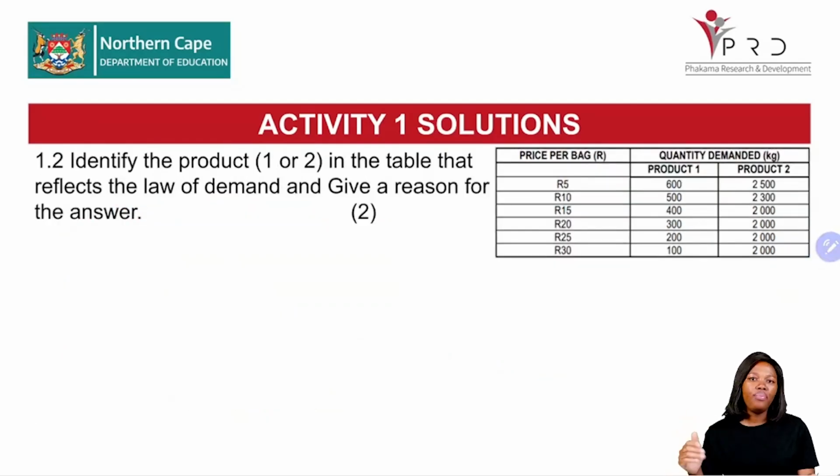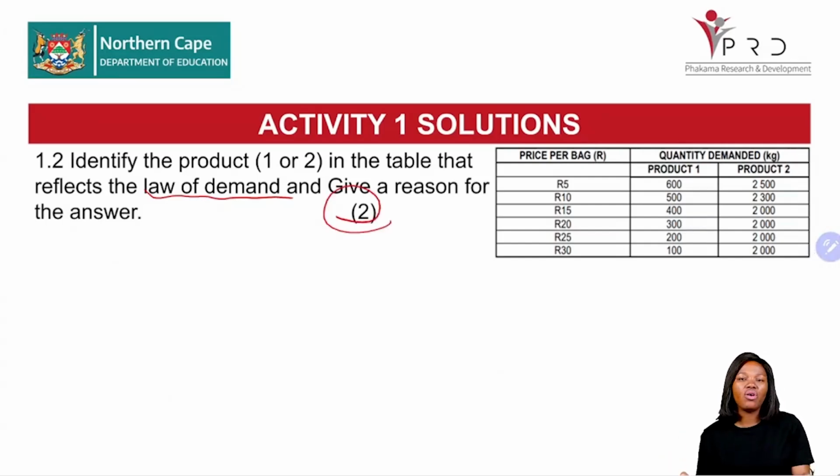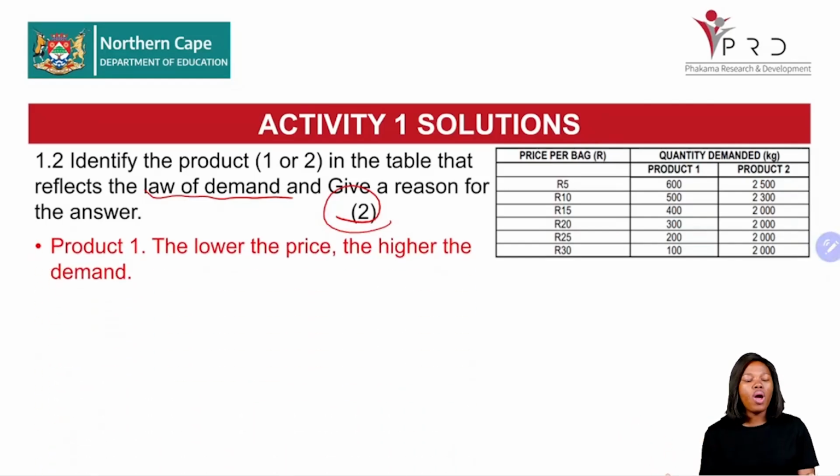Now, 1.2: identify the product 1 or 2 in the table that reflects the law of demand and give a reason for the answer. Mark allocation, 2 marks. Now, the law of demand says the lower the price, the higher the demand.